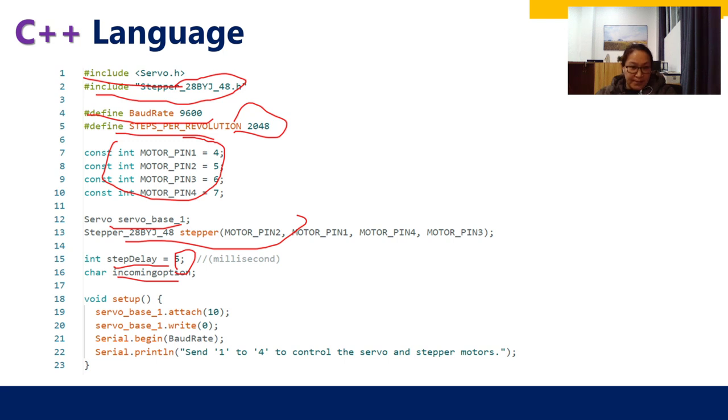And this means that it attaches the servo module to pin 10 on the Arduino. It sets the initial position of the servo module to 0 degrees, and it initializes serial communication with the baud rate defined earlier.